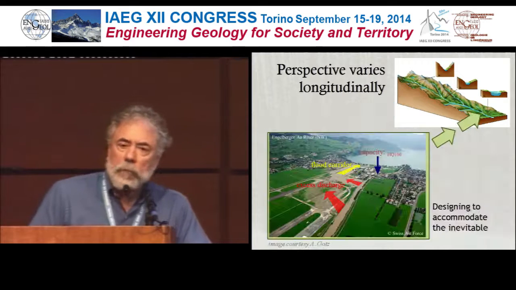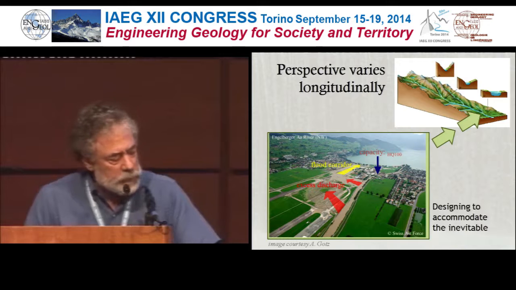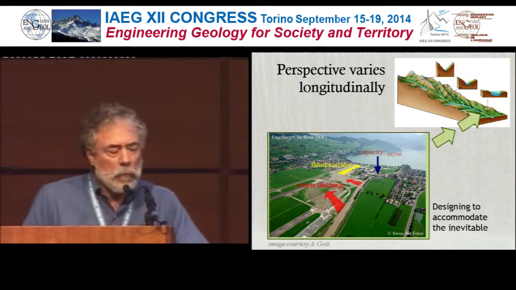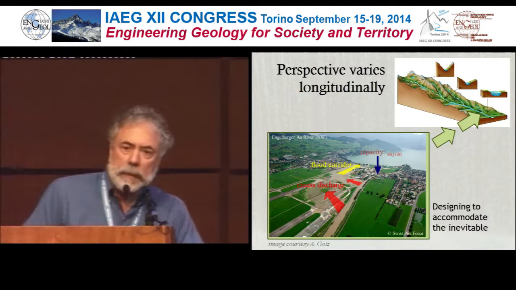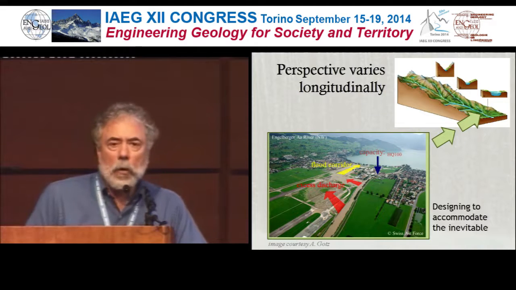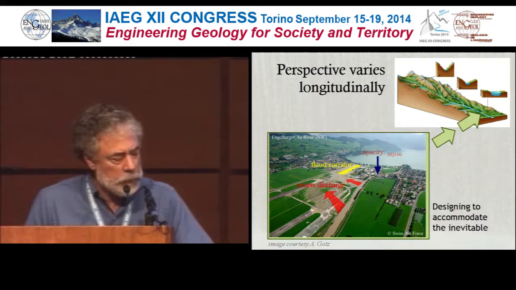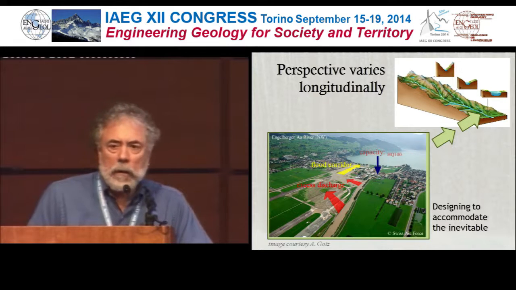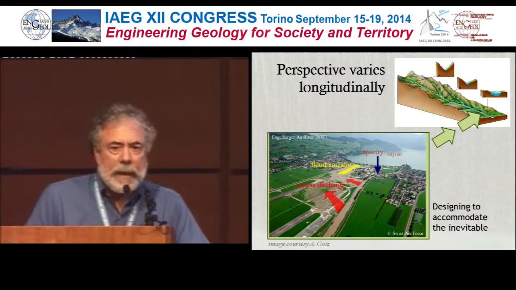Another example, from further downstream in the river system, is recognizing what I will call the inevitability of some geomorphic processes such as floods and designing accordingly. Here an example from Switzerland where river engineers have designed a fluvial accommodation space to, in essence, decant floodwaters before they affect population centers.